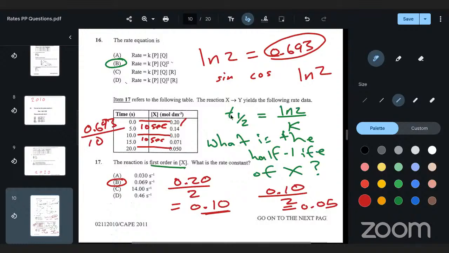So the formula we would have to use is the one for half-life. So the half-life is ln2 over k. So we would have to transpose it. When you transpose it, k comes up here and this comes down here. So k is ln2 divided by the half-life.